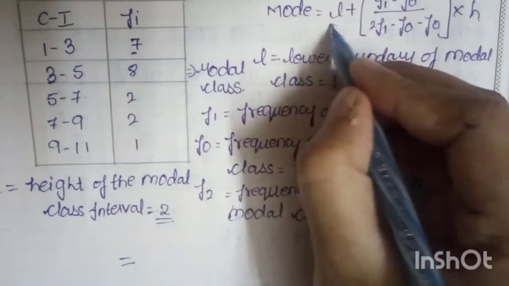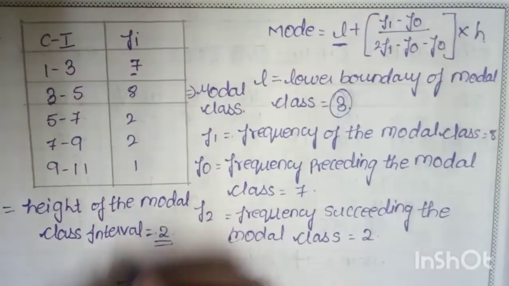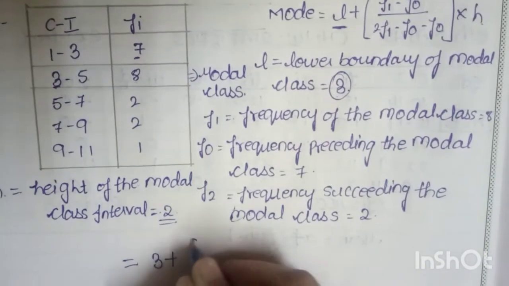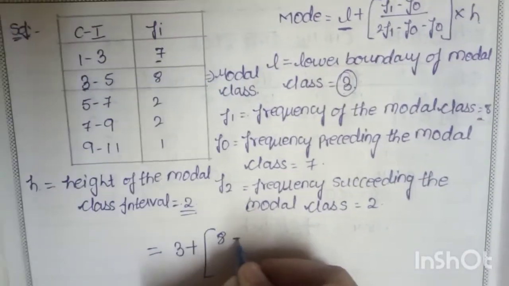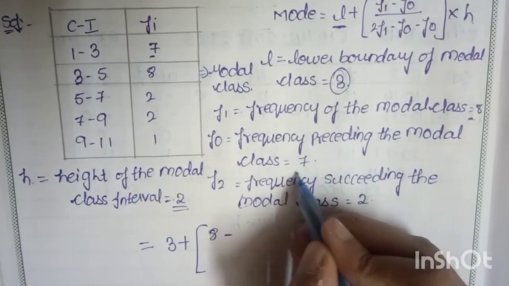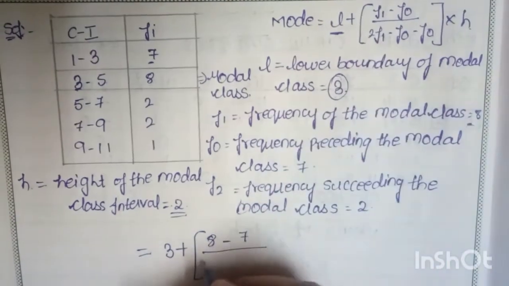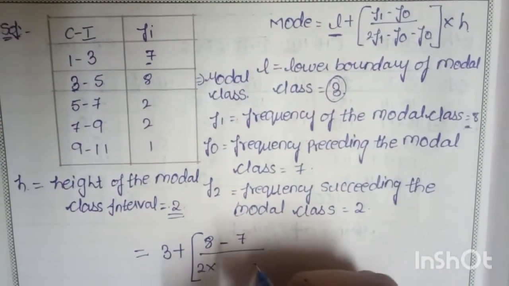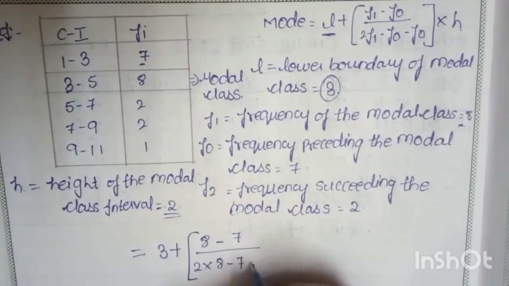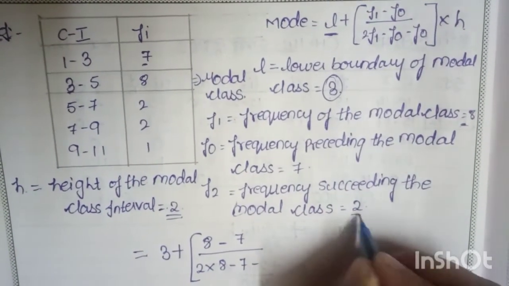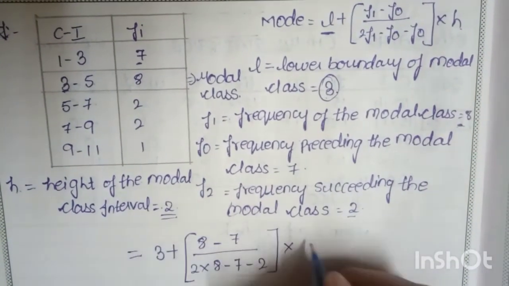So L, what is the L? That is the lower boundary we found, which is 3, right? So 3 plus f1 is 8 minus f0 is 7 by 2f1, in the sense multiplying 2 into f1, f1 is 8 minus f0 is 7 minus f2 is 2 into height is 2.